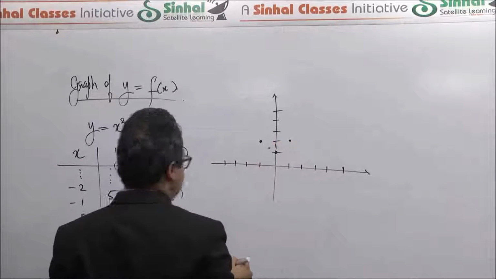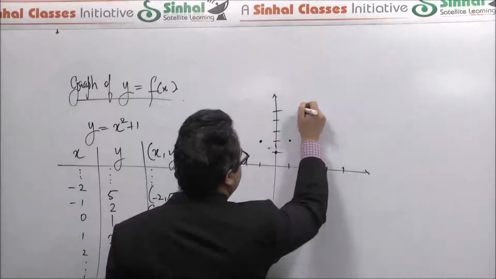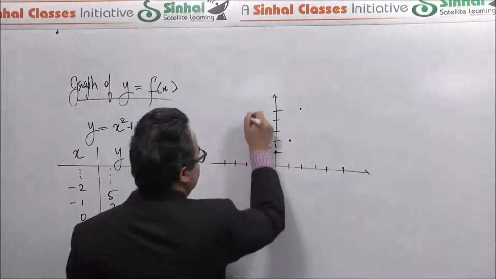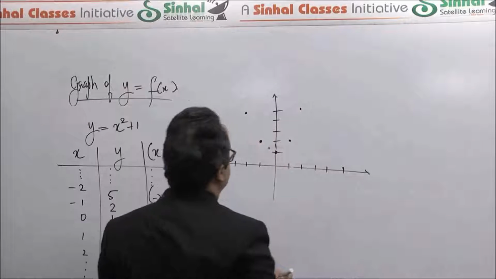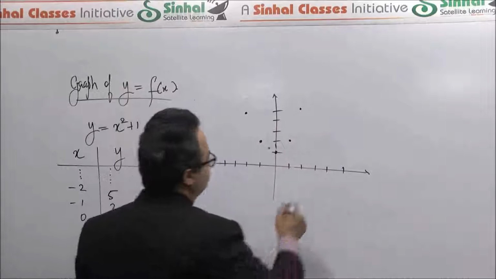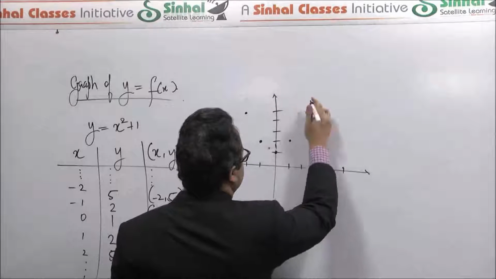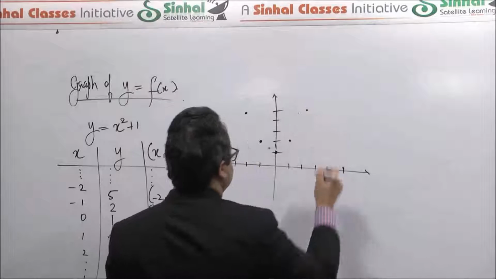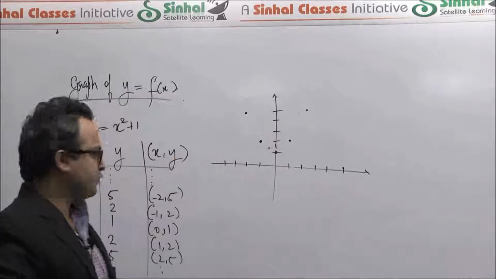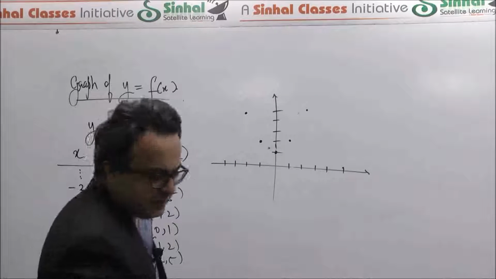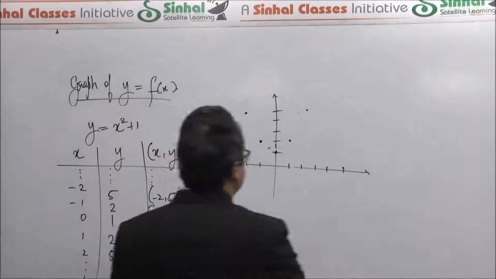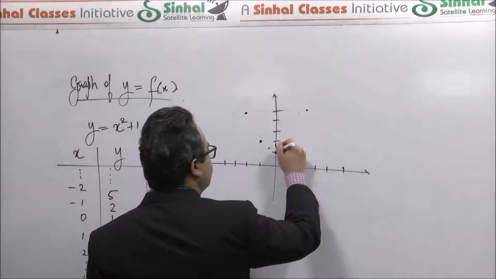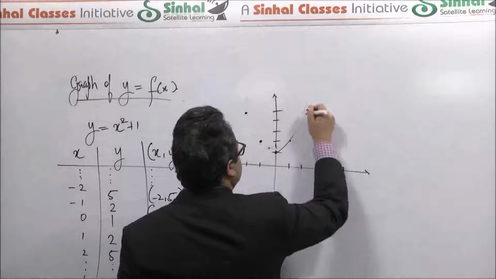Then you have 2, 5 and minus 2, 5. And of course, you can keep plotting such points. But at least we're getting an idea of the basic shape that the graph will look like. So the graph has to pass through all these points then.